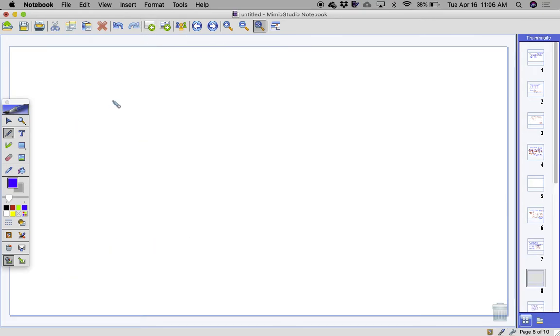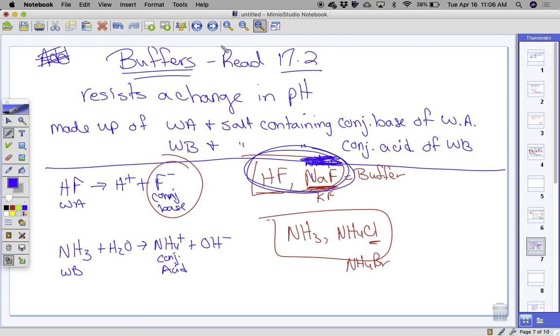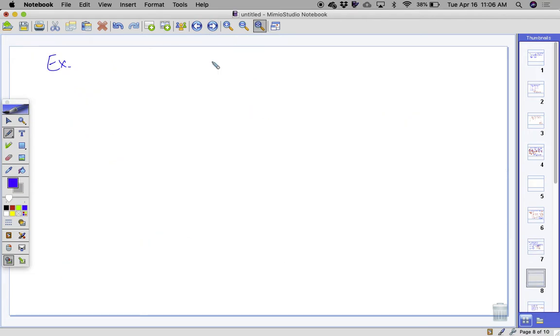All right, so we need a problem. Let's do an example problem. Let's make up an example problem. We're going to pick our first one, our HF and NaF that we picked.